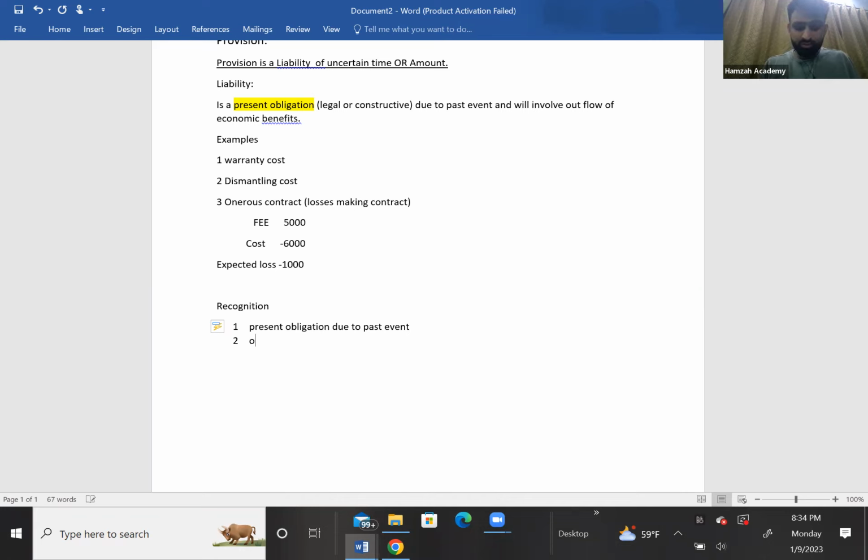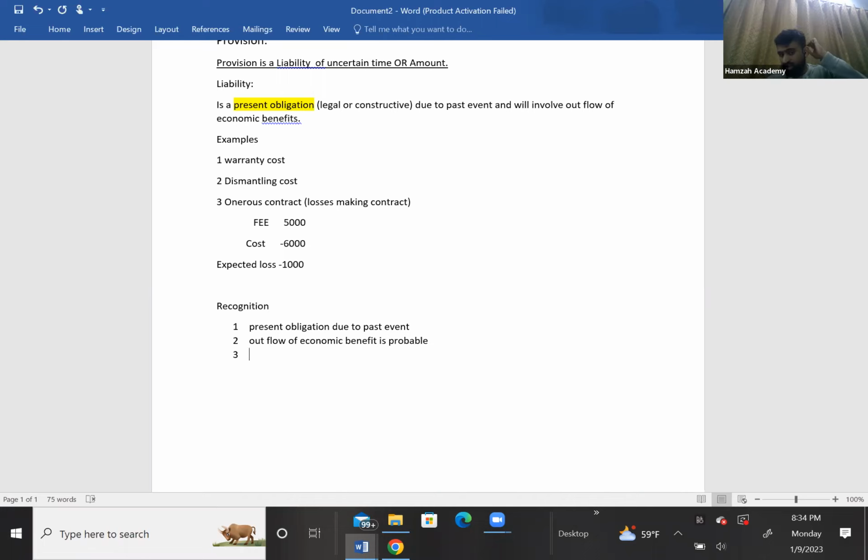Number two, outflow of economic benefit is probable.